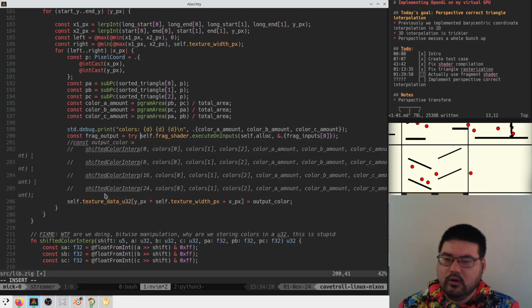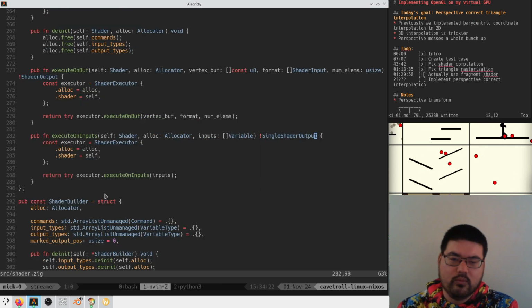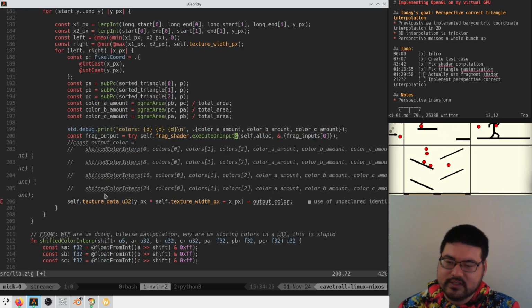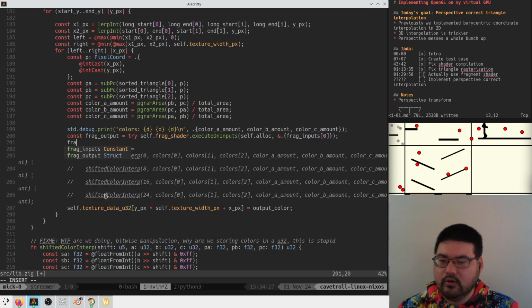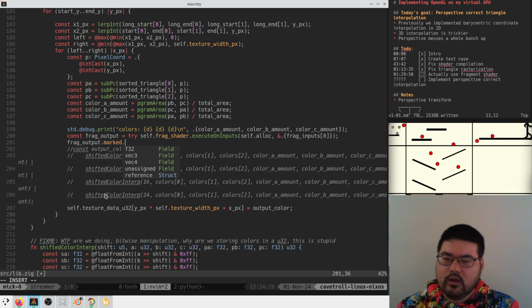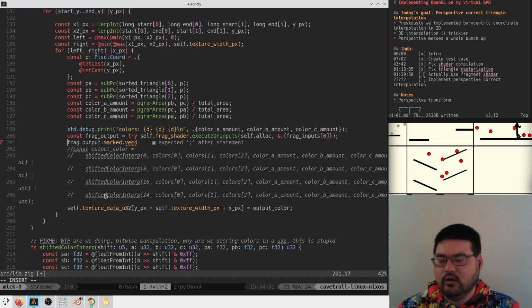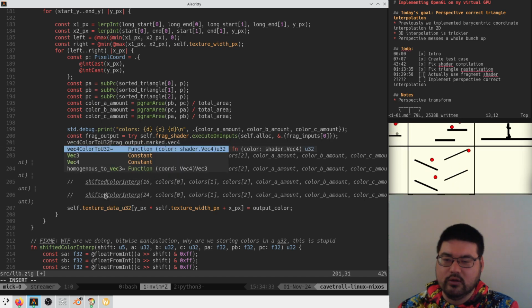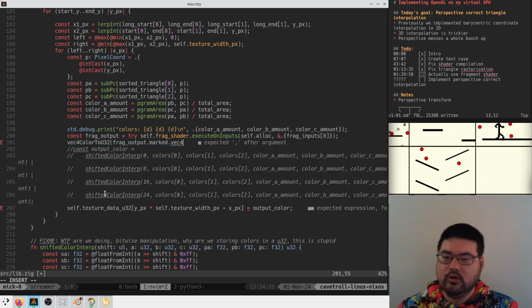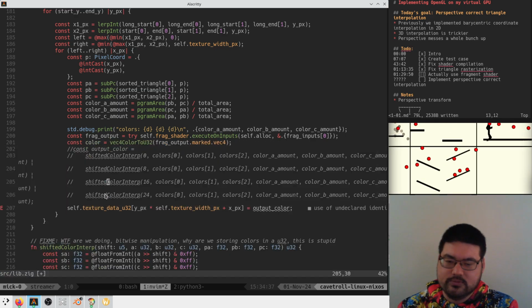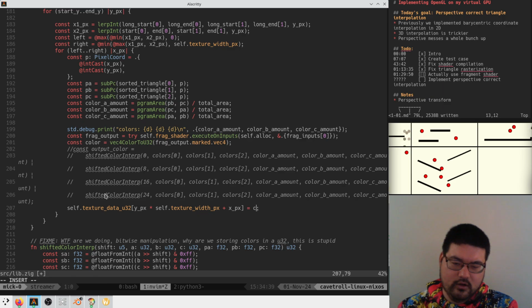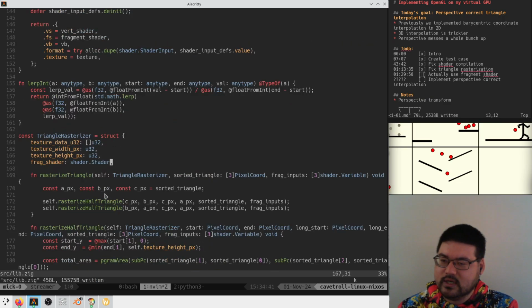Yep. And we're looking for whatever is marked as the color output. And here is where we did vec4 to color U32, which means that we can assign the color here. Now, I think we were missing an allocator.